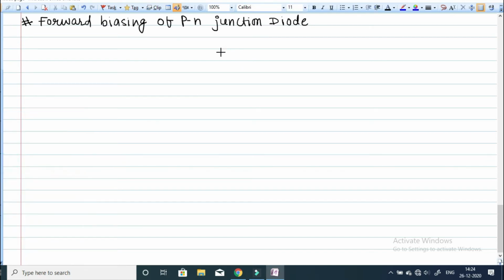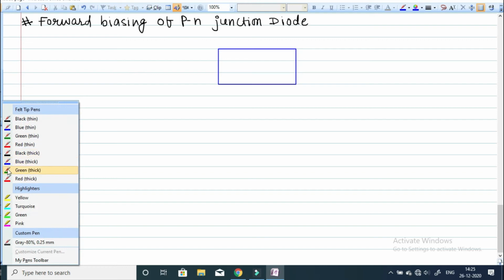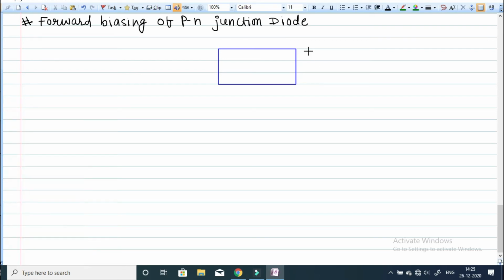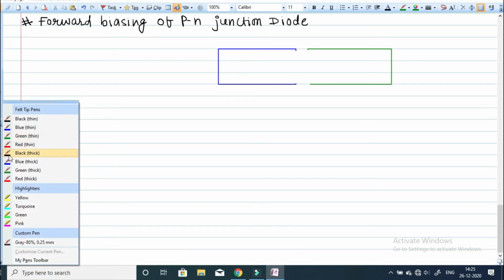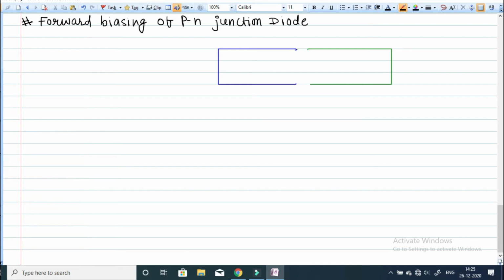This is our p-type semiconductor, and we have n-type semiconductor also. When they are combined together, we get the PN junction diode. This is our n-type semiconductor. You can see it there, and this is the junction basically. Now p-type semiconductor is combined with n-type semiconductor. Then we will get the PN junction diode.